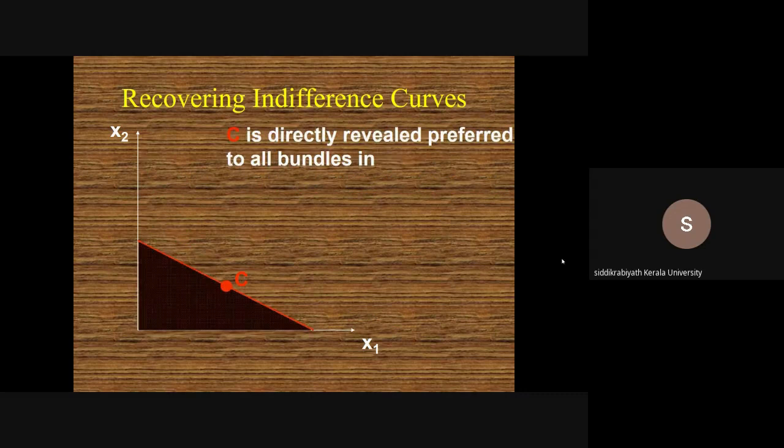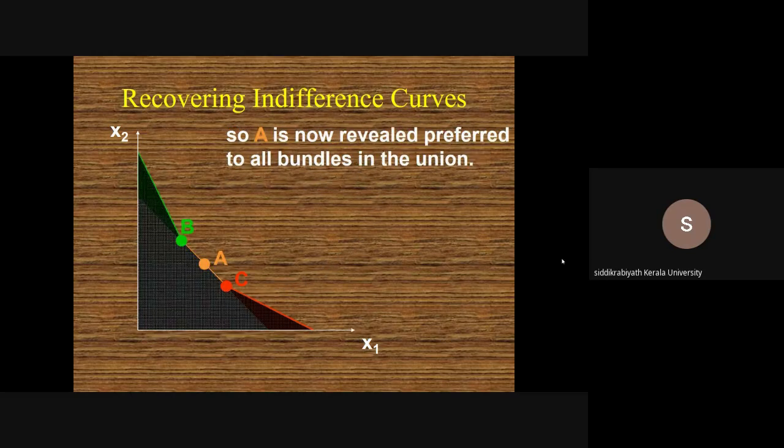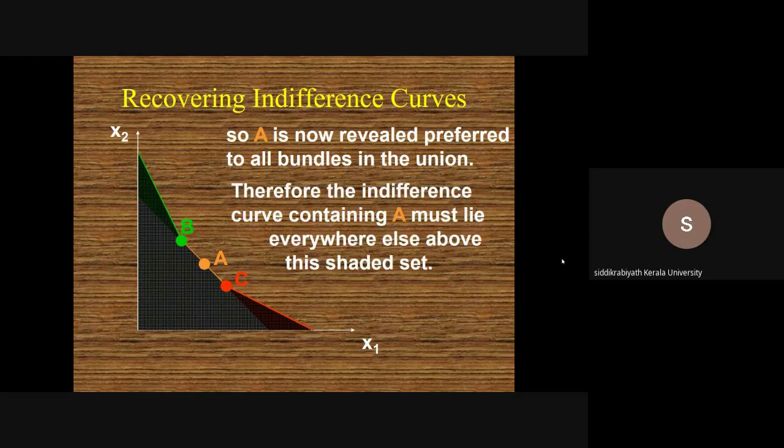C is directly revealed preferred to all bundles in that particular available set. But this particular thing was being rejected because that particular point was earlier available when A was being chosen. So therefore, B and C are now rejected because A was being treated as the best bundle.